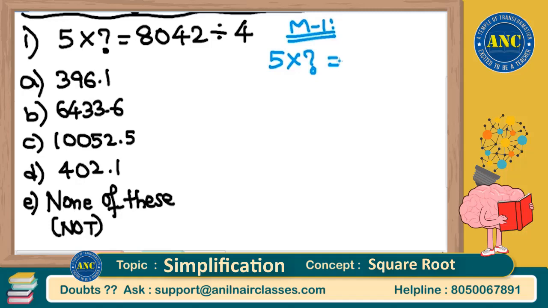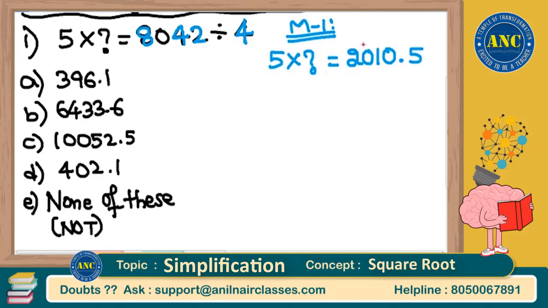You should be good in multiplication, which I discussed yesterday, and in division in some cases, which we also discussed yesterday. 8042 divided by 4. 8000 divided by 4 is 2000. 40 divided by 4 is 10. 2 divided by 4 is 0.5. So 8042 divided by 4 is 2010.5.